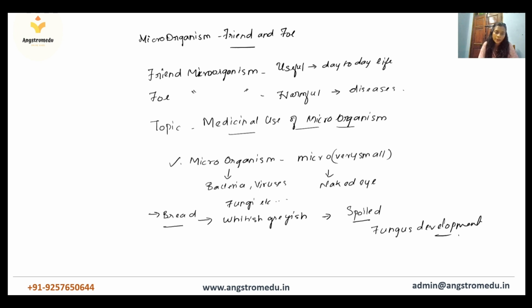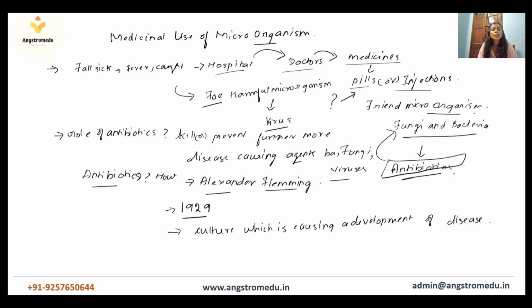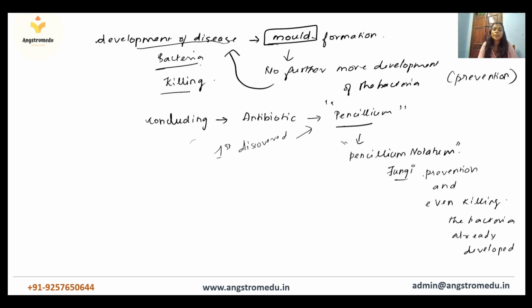Then in the topic on the medicinal use of microorganisms, we saw what antibiotics are, who discovered them, and what the first antibiotic was. We found a scientist named Alexander Fleming, who discovered the antibiotic, and the first discovered antibiotic was penicillin.